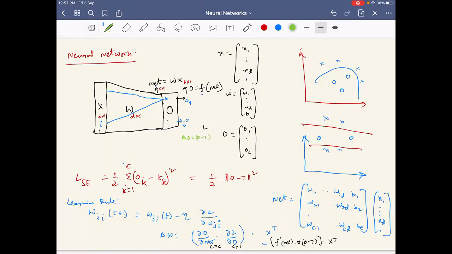Because in the forward pass, L is equal to the norm square of O minus T, right? While writing the derivatives now, please just see the numerator, what we have here on the top, that's all.